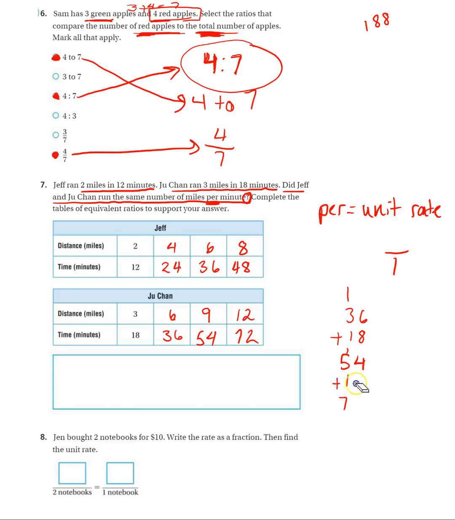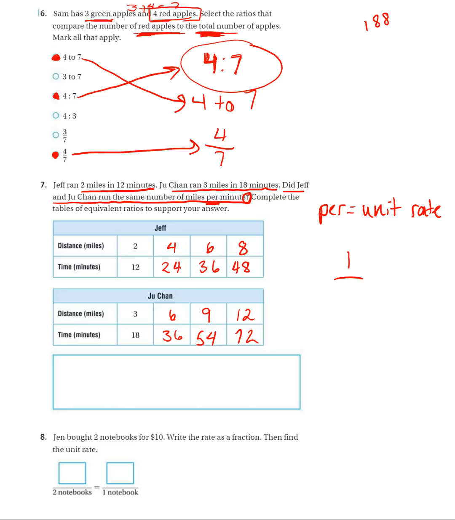Obviously, when you get a little more sophisticated with unit rate, this doesn't become that big of a deal. But what we learn is we can actually do a unit rate by having the 1 on top as well. We're just saying for every 1 mile, how many minutes does it take them? And that's going to let us answer this question.